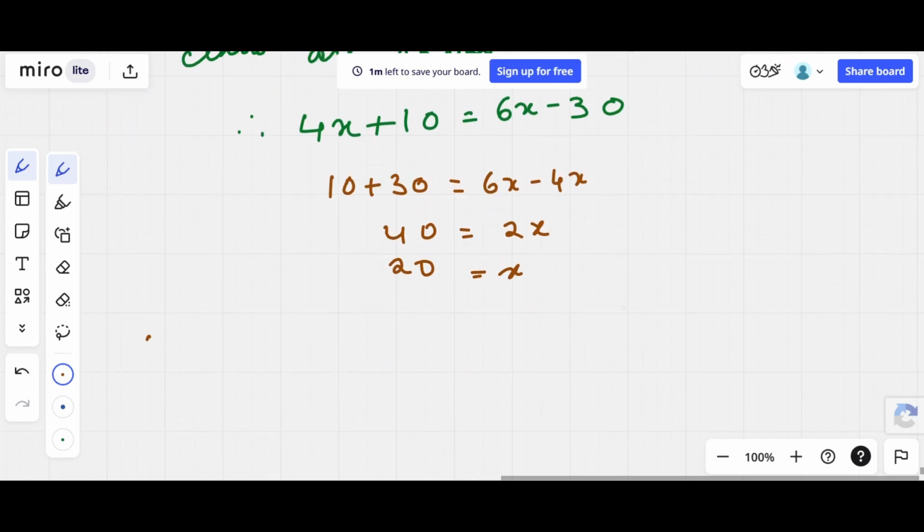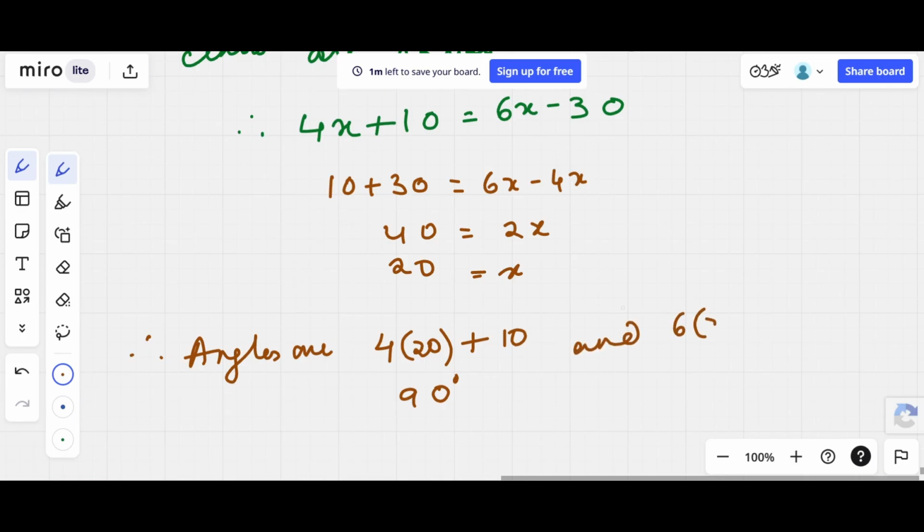Therefore, angles are 4 into 20 plus 10, which is 90 degrees, and 6 into 20 minus 30, that is also 90 degrees. Is it clear for all kids? Yes, ma'am.